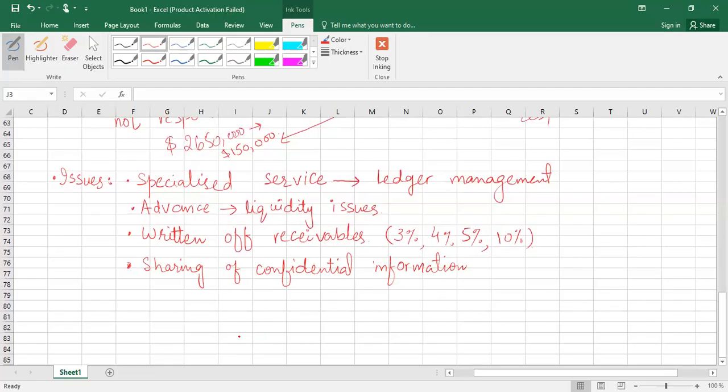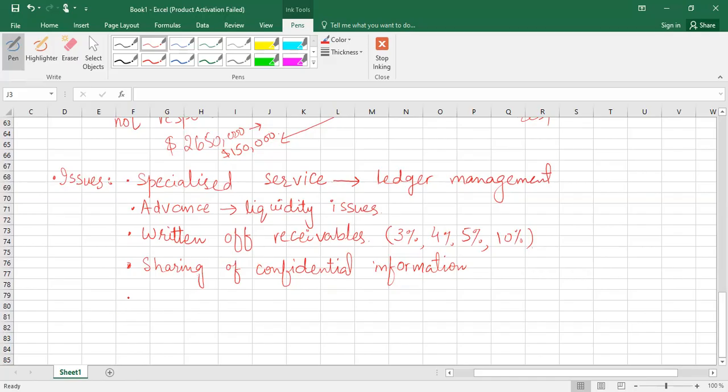Now it is very difficult for you to restore the existing position again, because you have shared the information, you have received cash, and now it will be difficult for you to arrange significant cash immediately to settle the liability of the factor company and to come out of this arrangement. So once you are in this arrangement, you have to continue with the factor company for a longer period of time.